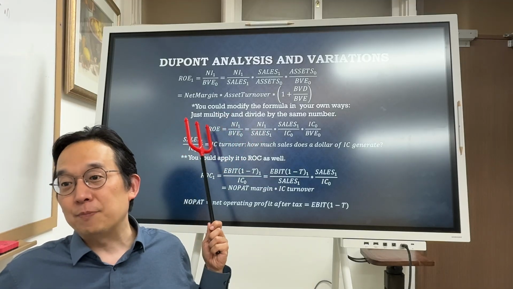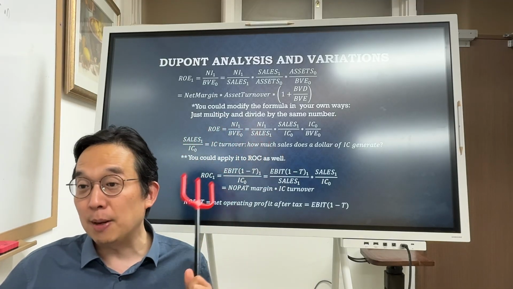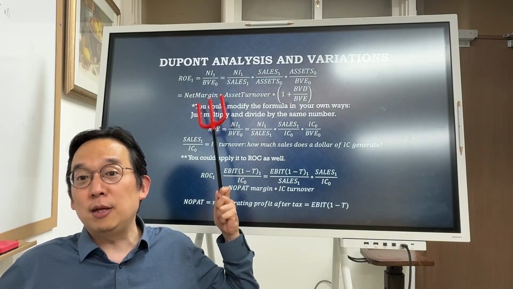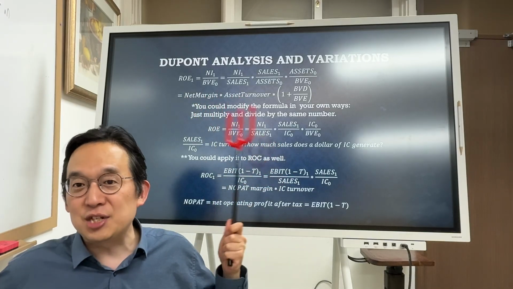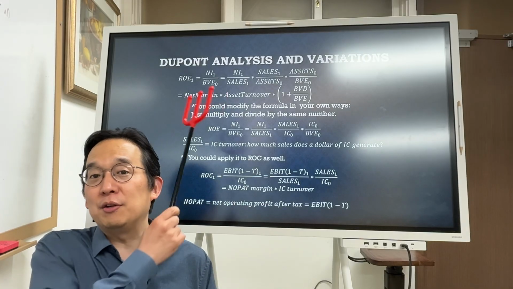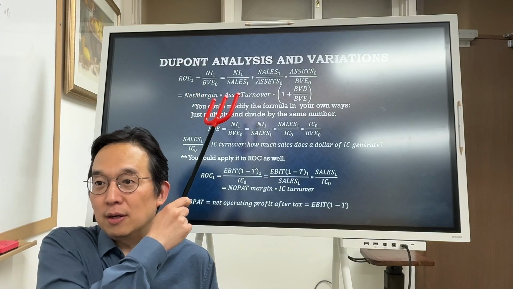So ROE is defined as net income divided by book value of equity. But remember, the book value of equity should be the beginning balance or last year end. And net income is what you generated over the current period.